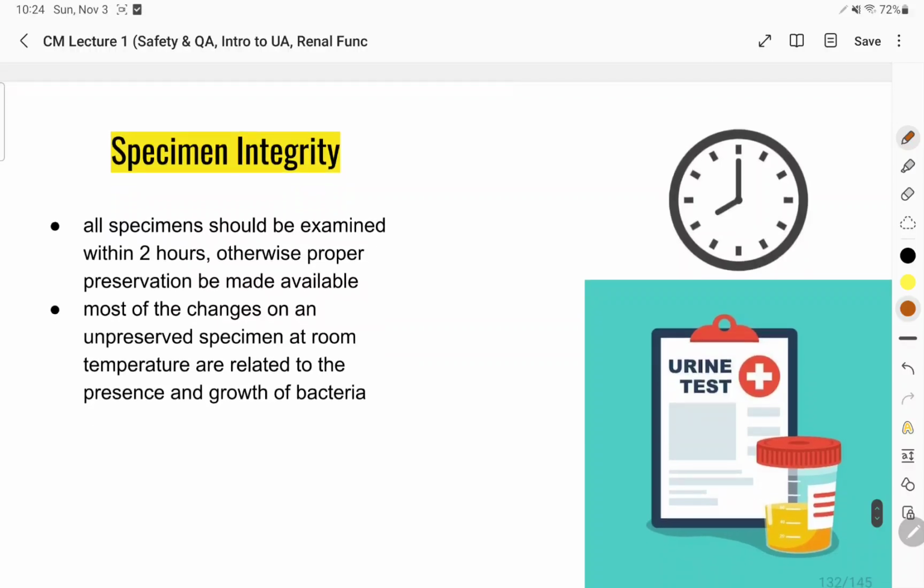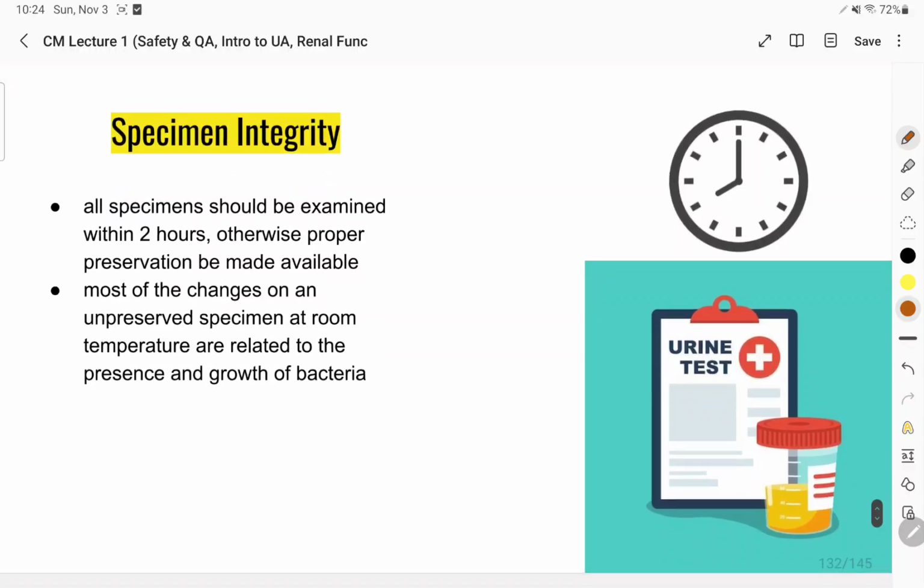Okay, specimen integrity. So all specimens should be examined within 2 hours. Otherwise, proper preservation must be available. So if within 2 hours, okay, pero if mulapas na, you preserve it. So most of the changes on an unpreserved specimen at room temperature are related to the presence and growth of bacteria.